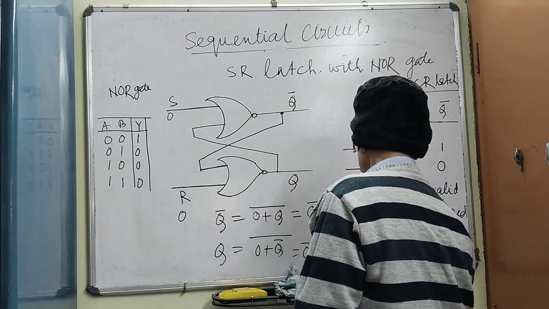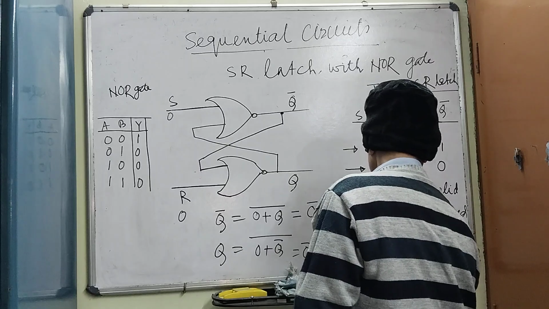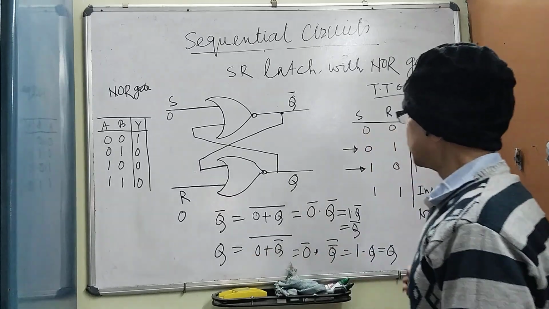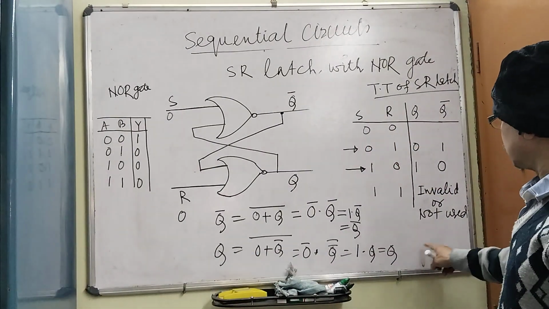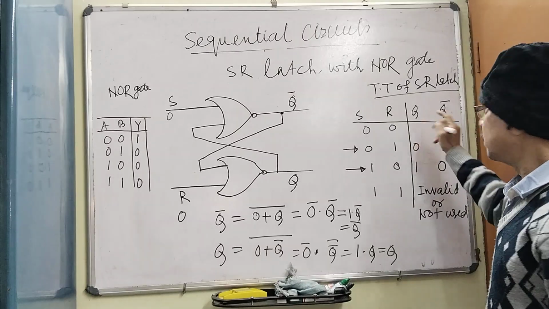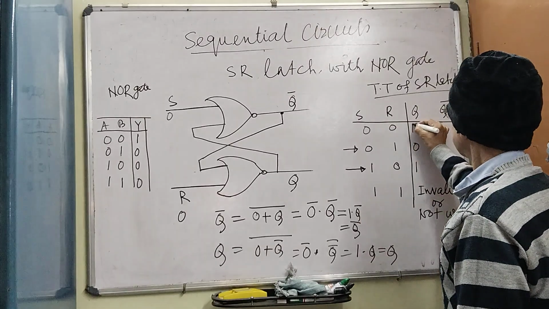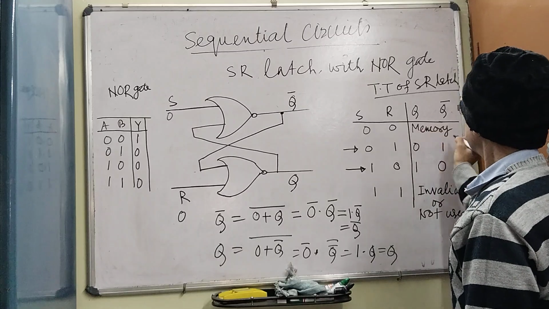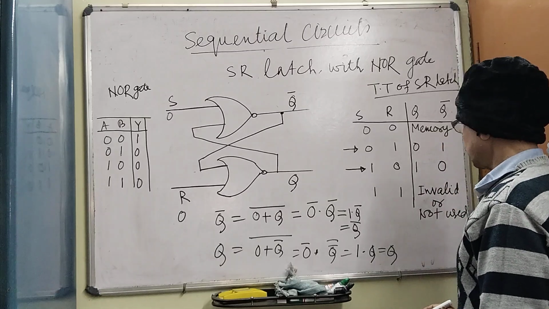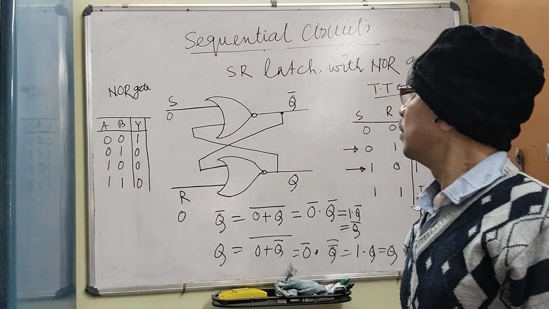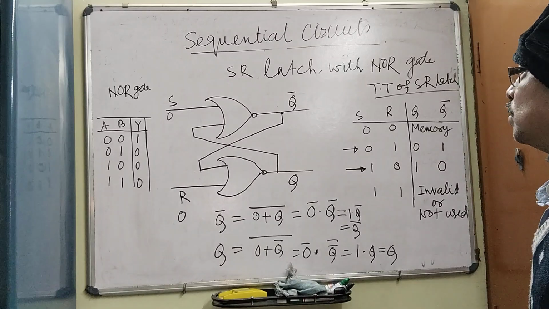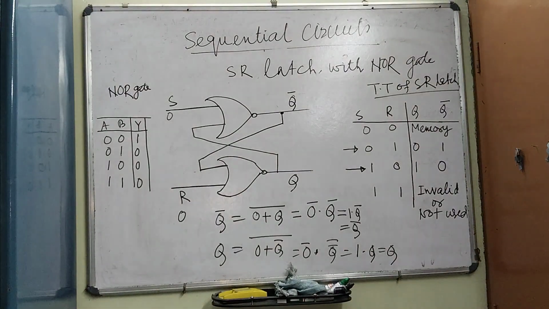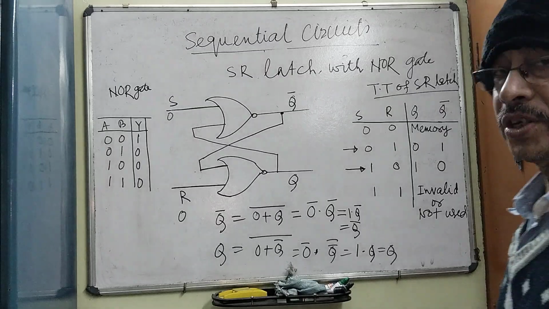This is 1 and this is Q. So Q equal to Q. So this is the memory state: Q equal to Q and Q bar equal to Q bar. So this is the SR latch with NOR gate. Similarly, we can get the SR latch with NAND gate.